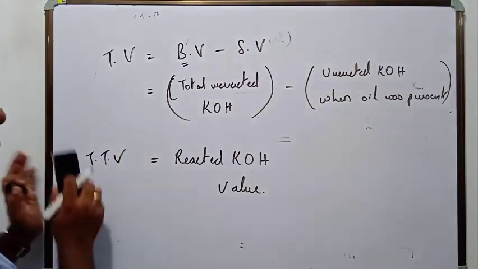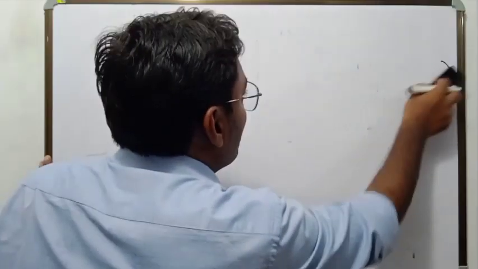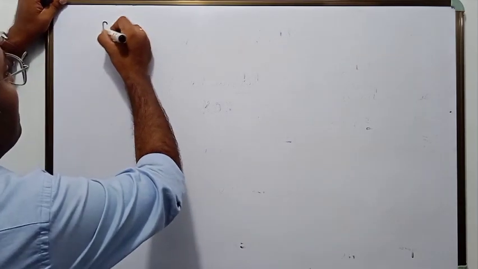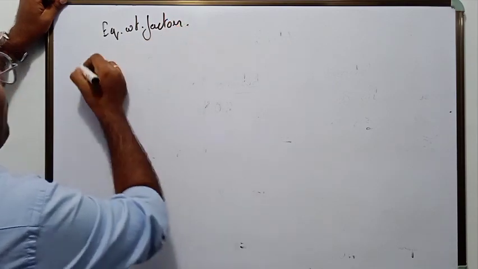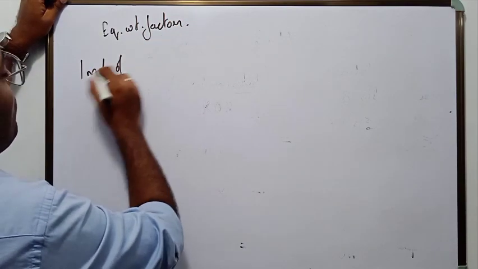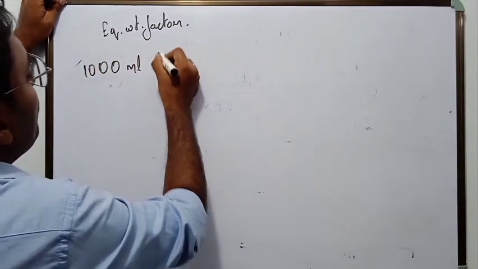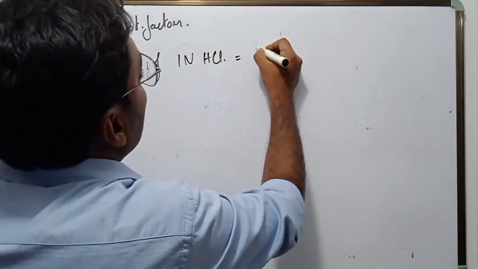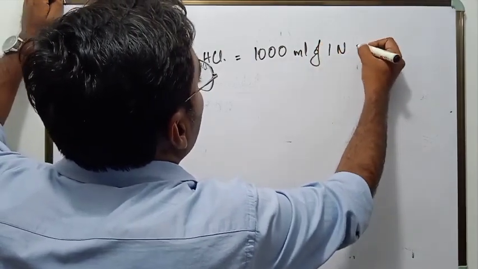Fine. Now you need to know the equivalency weight factor. Let us see what it is. 1000 ml of one normal HCl is equal to 1000 ml of one normal KOH.